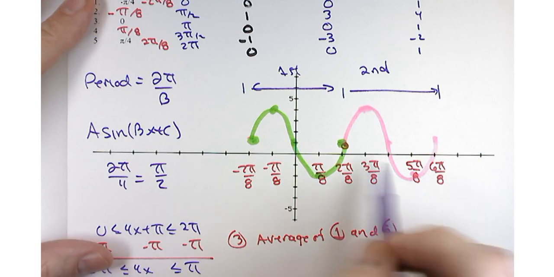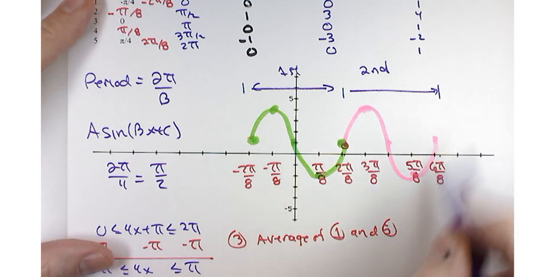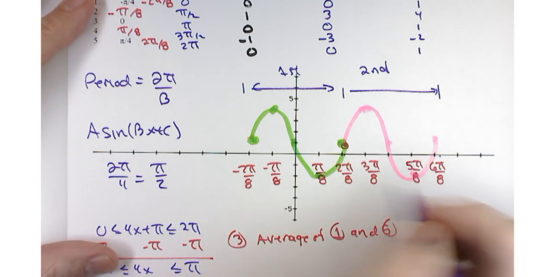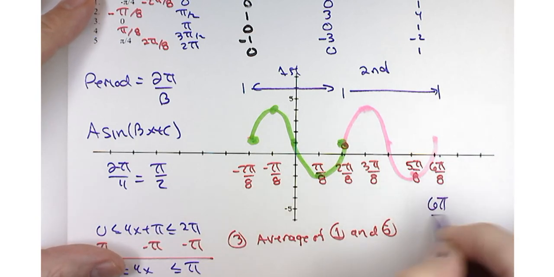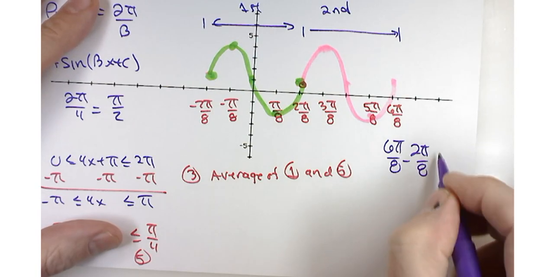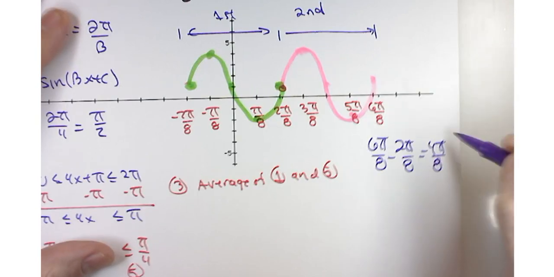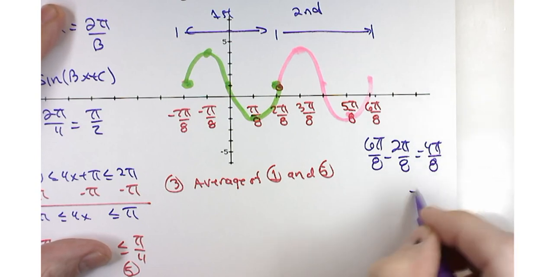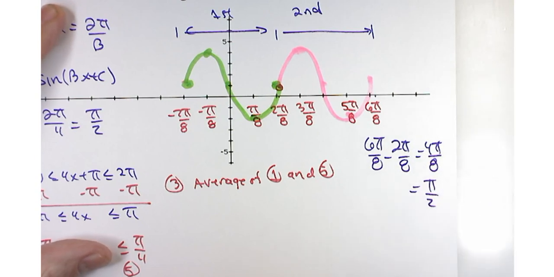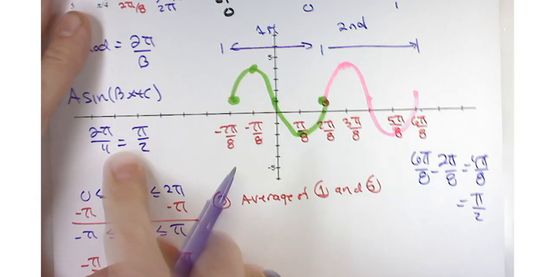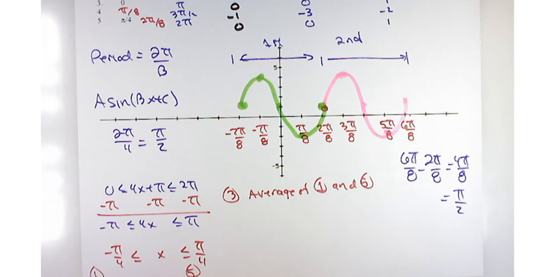And if you count from here to here, 6 pi over 8 minus 2 pi over 8 gives me 4 pi over 8, but 4 pi over 8 in lowest terms is pi over 2. So nice. This confirms graphically what we could have calculated at the start of this problem. So that's what I call the 5-point method.